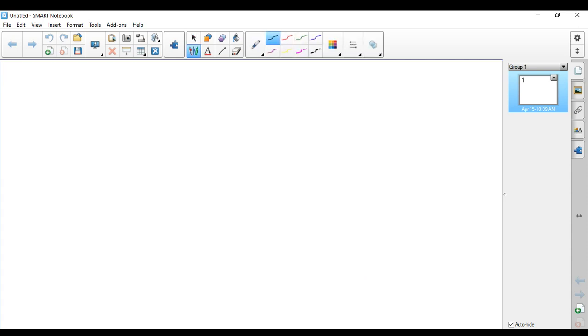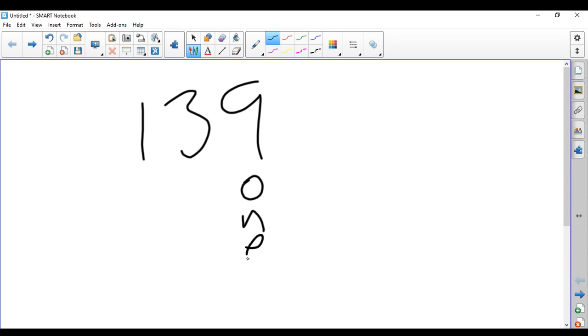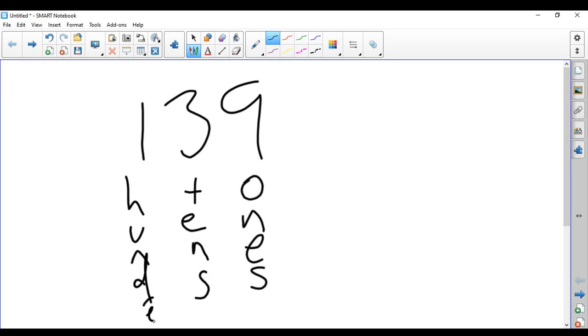And we're going to talk about the most reliable way of dealing with decimals, and that's to deal with place value. So, for those who are unfamiliar, when I have a number, let's say 139, I'm reviewing place value, this 9 is actually 9 ones. And while I say 30, that's actually because I have 3 tens. 3 tens makes 30, and then I have 1 in the hundred spot.